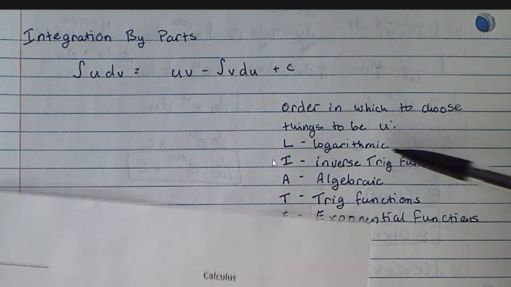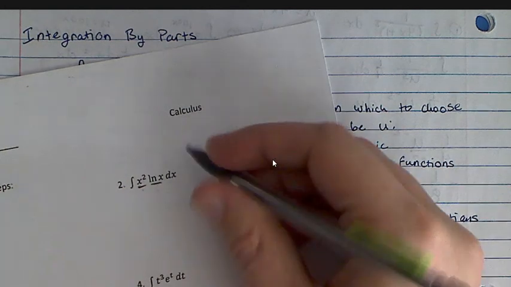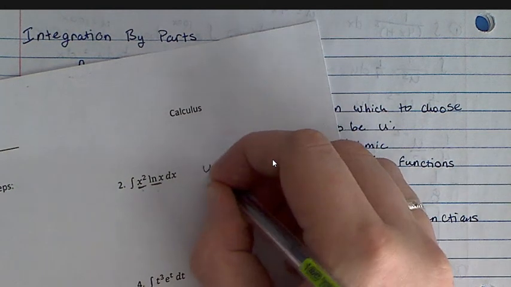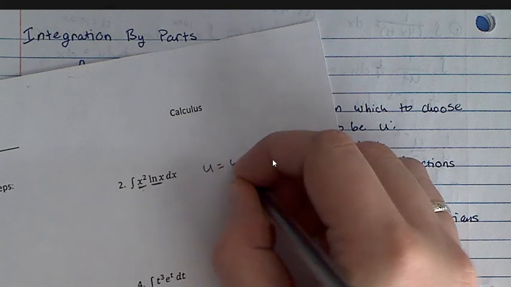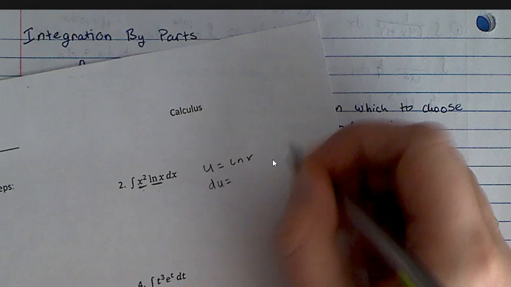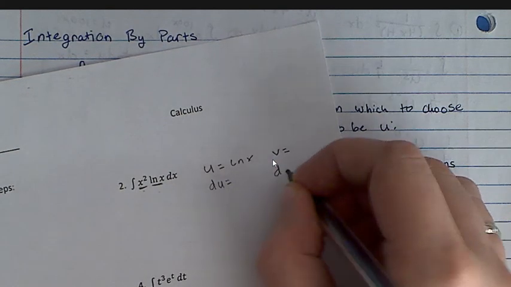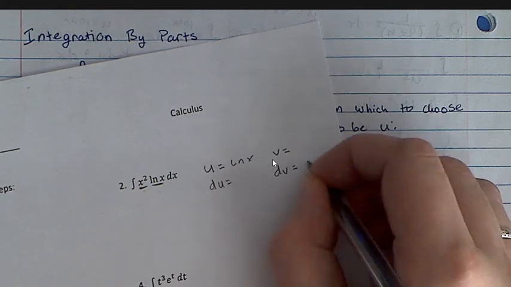The logarithmic thing is higher up, so ln x is going to be u. So u is equal to ln x. That means we need to find du, and dv is x squared dx.